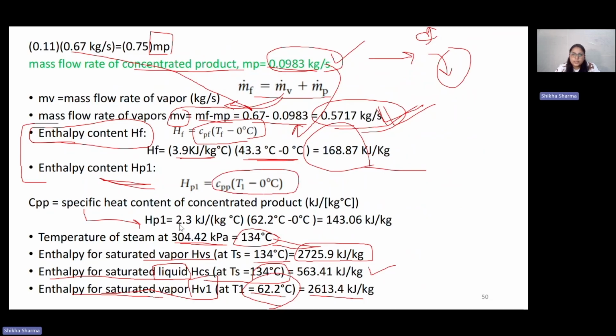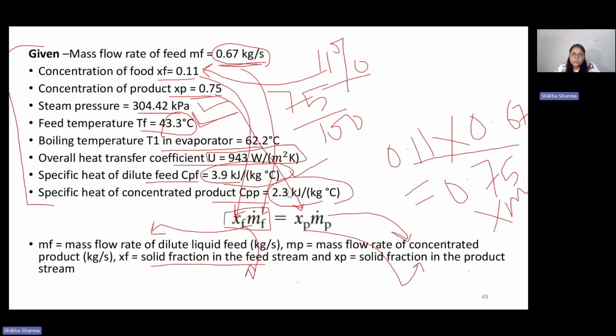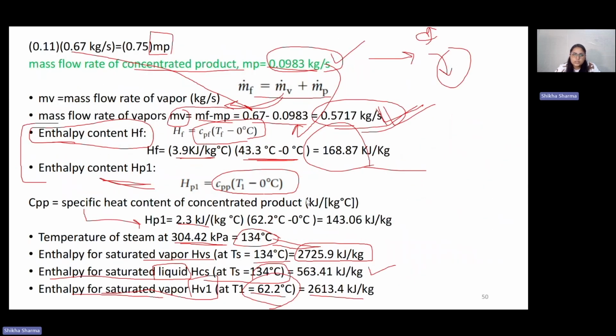Its specific heat is given in the question as 2.3 kilojoule per kg degree Celsius, multiplied by its temperature, which inside the evaporator is around 62.2 degrees Celsius. So 62.2 into 2.3 is equal to 143.06 kilojoule per kg.